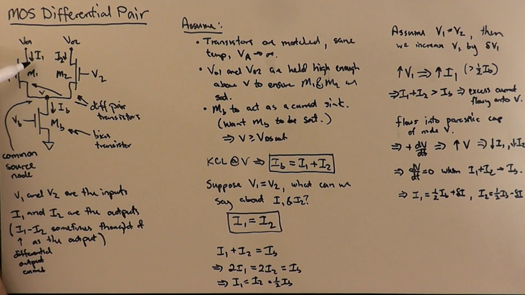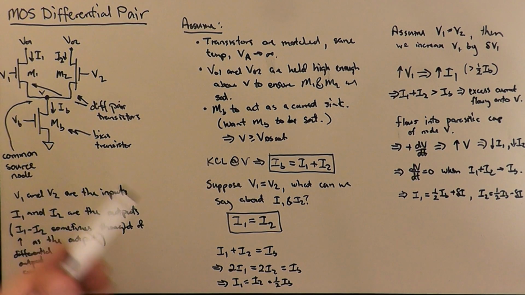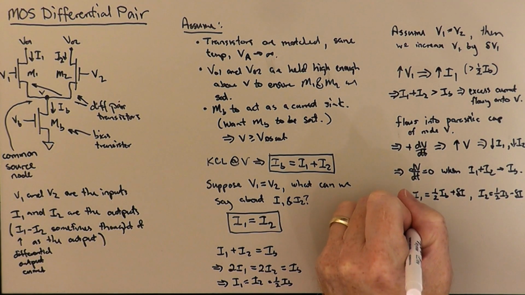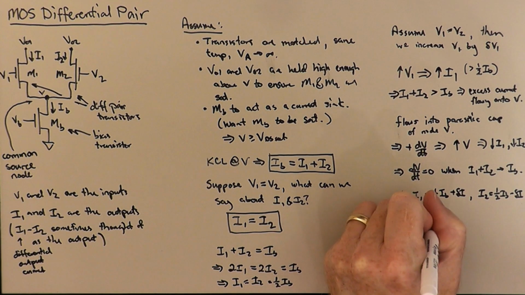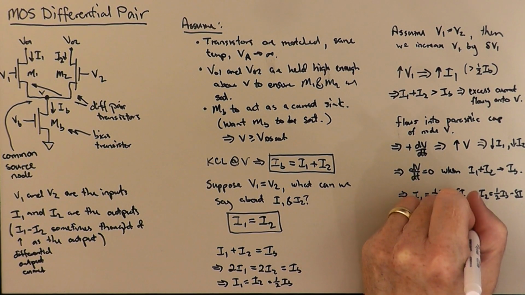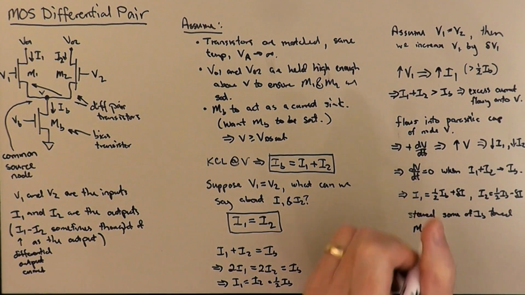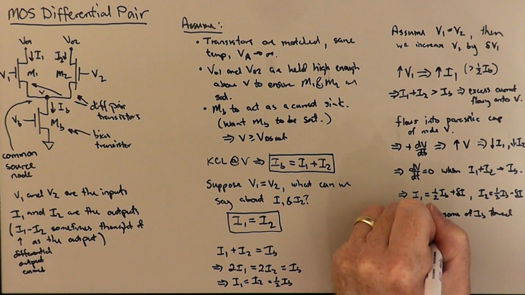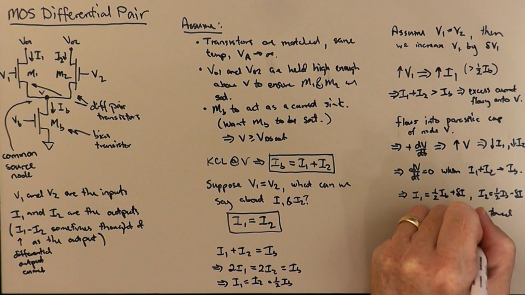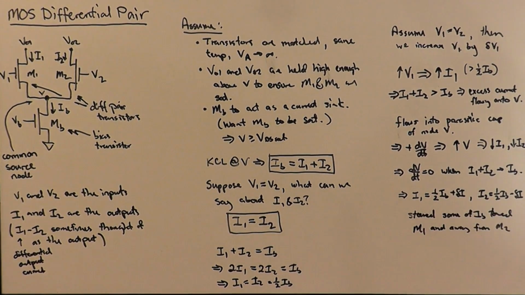So if we make an increase in one, that has to come at the expense of the other one. We have to have an equal and opposite decrease in I2. Okay? So what we've done by increasing V1 is to steer some bias current toward M1 and away from M2.